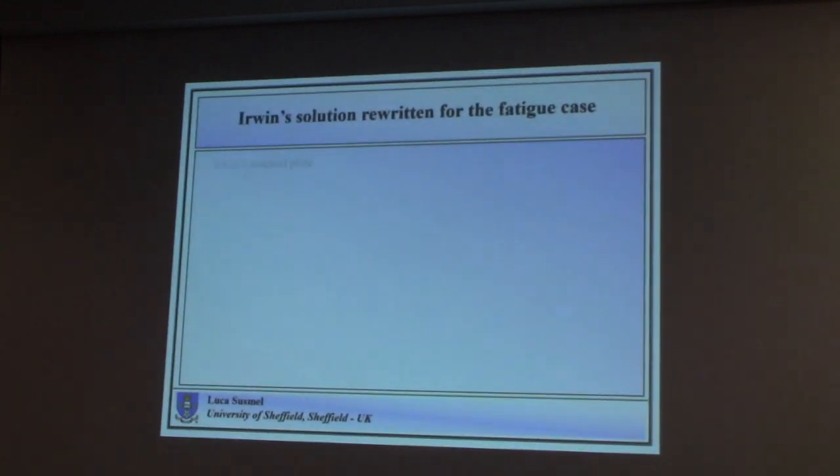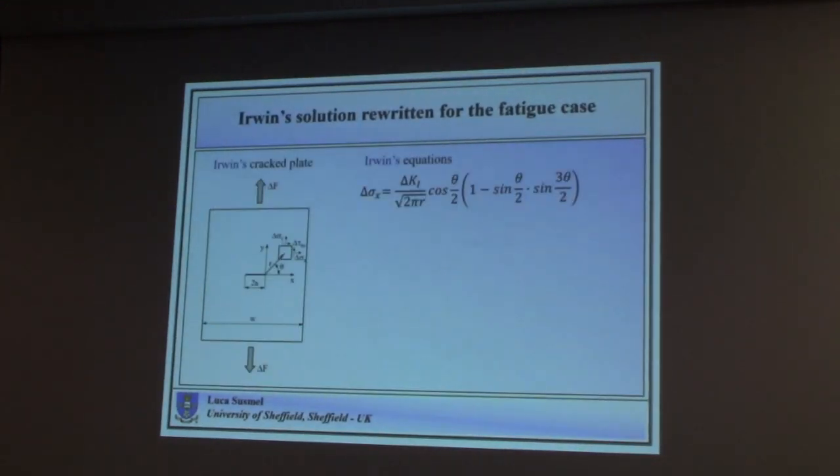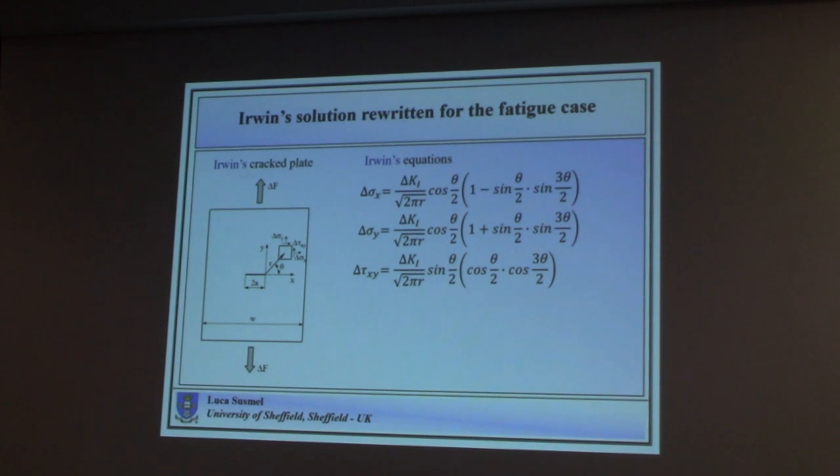Okay? So, if we go back to Irwin's plate, clearly now we can rewrite the equations we know in a different way, and actually what we usually do is expressing the problem in terms of ranges. So what we do is expressing K1 as the range of the stress intensity factor, and accordingly the stress components we can calculate via delta K1 are ranges.